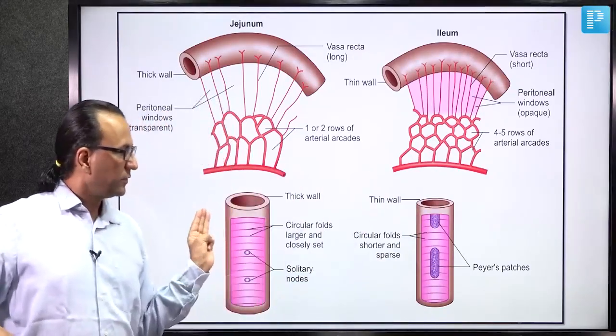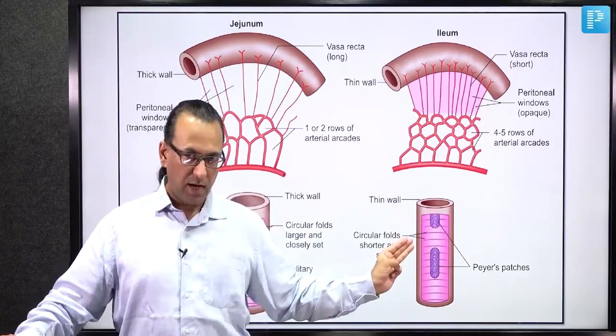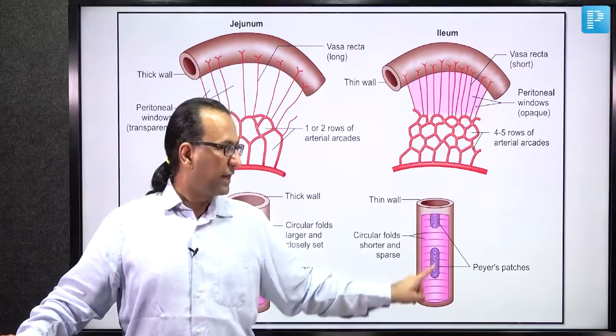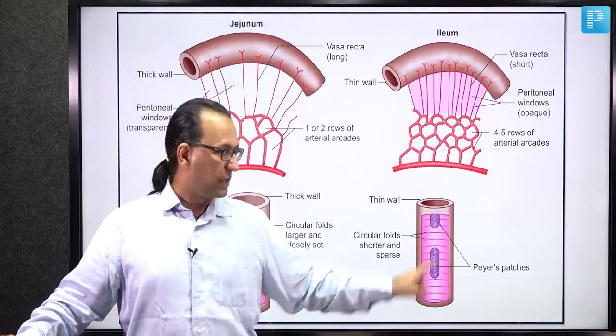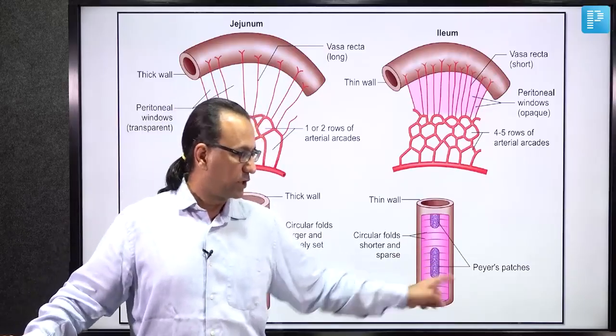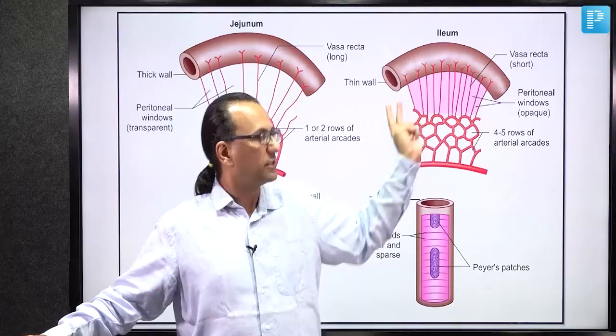Now, if the three things are reducing in the ileum, what are the three things which are increasing in the ileum? Number one, the lymphoid aggregations are more prominent, so much so that the terminal ileum will have Peyer's patches. Number two, what is increasing more towards the ileum is fat in the mesentery.